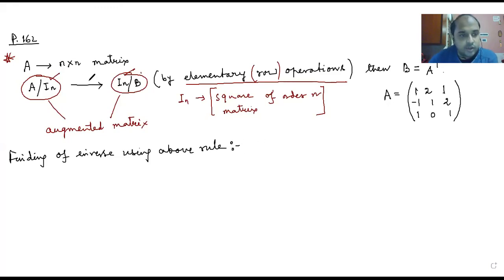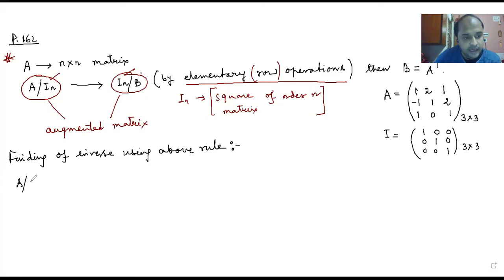So let's begin. Since this matrix is of order 3 by 3, I have to select an identity matrix also of order 3 by 3, and both matrices will be augmented together.